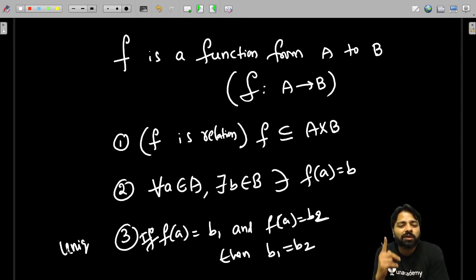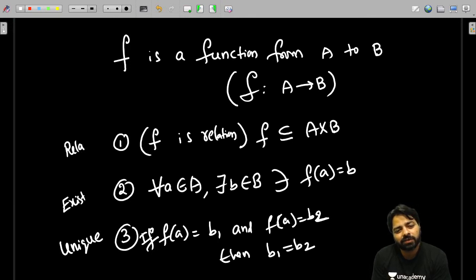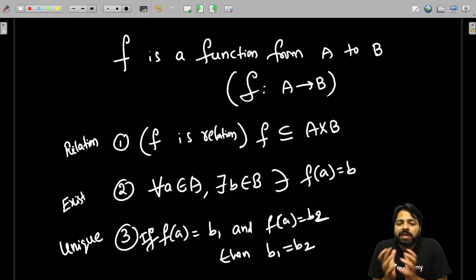A can map to only one element. So unique mapping, uniqueness. This is existence. And this is a relation. So if you want to say f is a function, it must be a relation and it should have a mapping for every element of the domain, and that should be a unique mapping.